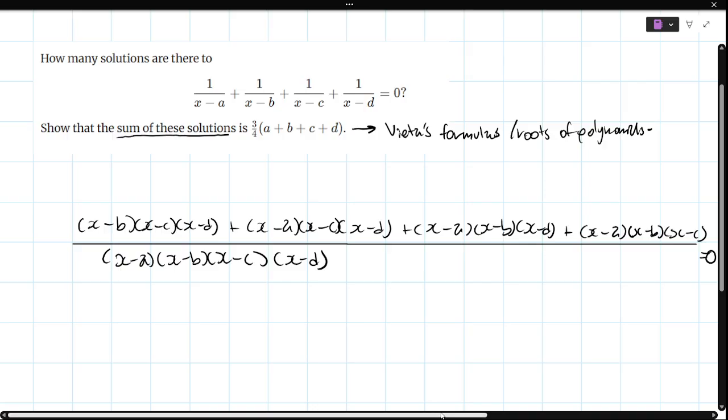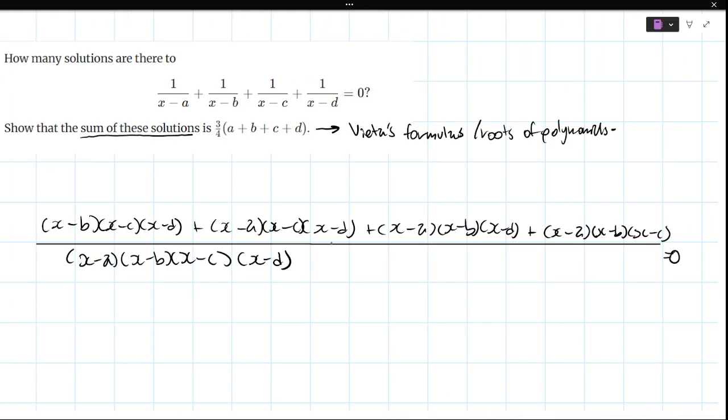Now, how to proceed from here? Given that our denominator is not 0, we can actually multiply both sides by the denominator, and we are left with a polynomial as my result. And I'm going to try my best to copy it down as fast as I can.